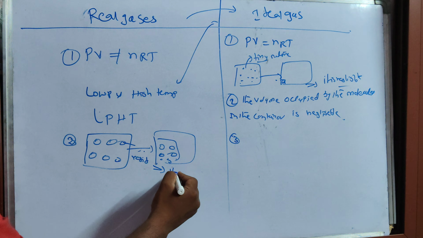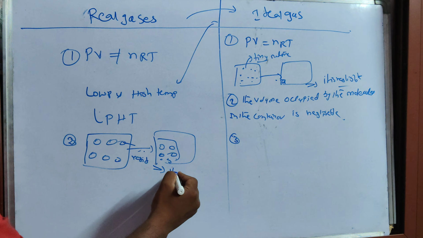In ideal gas, the volume occupied by the molecules in the container is negligible, but here we have to consider it because these are rigid molecules. There are no forces of attraction among the molecules in ideal gas, but in real gas the intermolecular force of attraction is considered. This is the main difference between real gas and ideal gas.